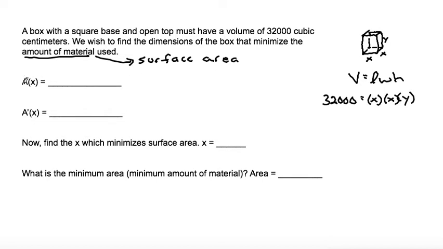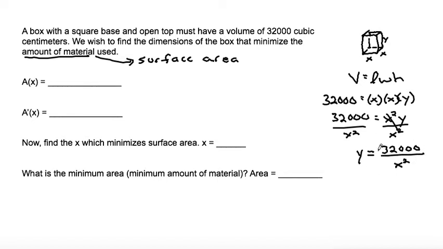Since we're trying to write our area formula as a function of x, let's solve for y as a function of x. So 32,000 is equal to x squared y. Divide both sides by x squared, we cancel that out and y is equal to 32,000 divided by x squared. So that would be an expression for y in terms of x.